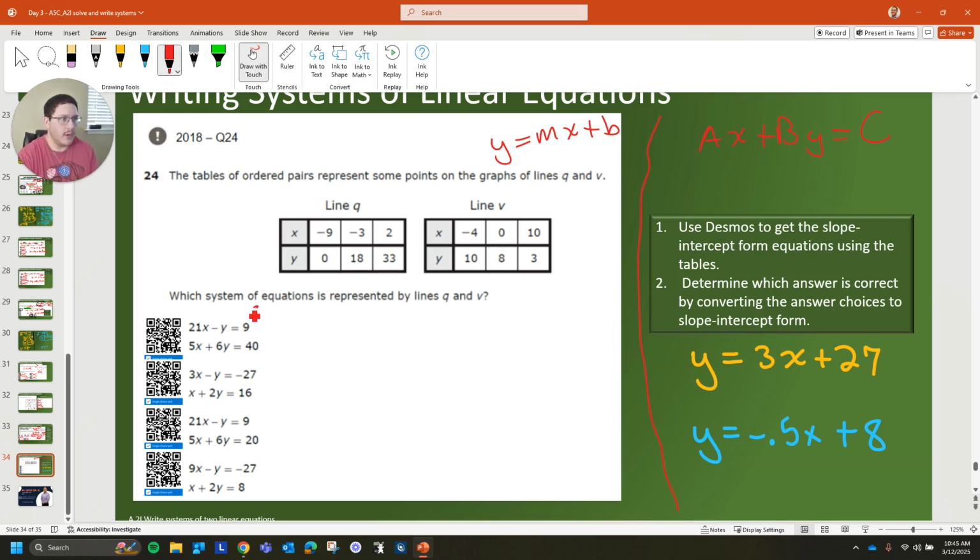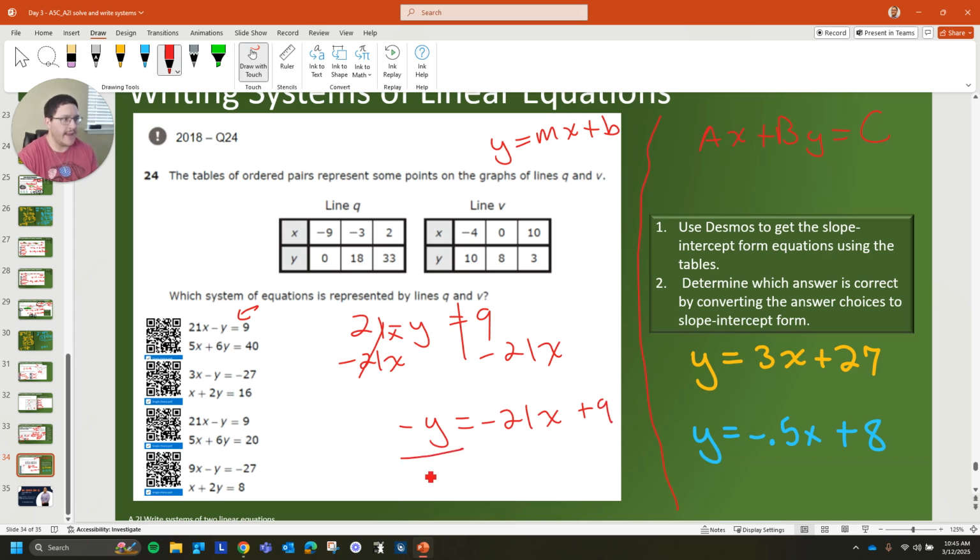Right here, I'm just going to start getting y by itself. To get 21x minus y equals 9 with y by itself, I'm going to subtract the 21x from both sides. I have negative y is equal to negative 21x plus 9.